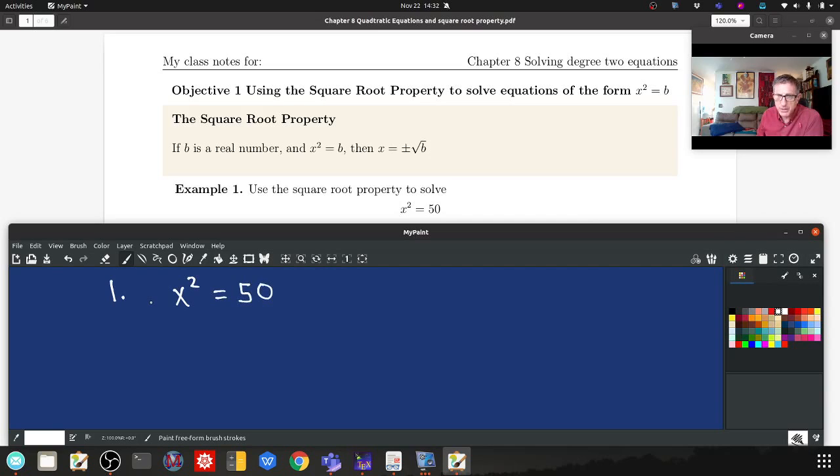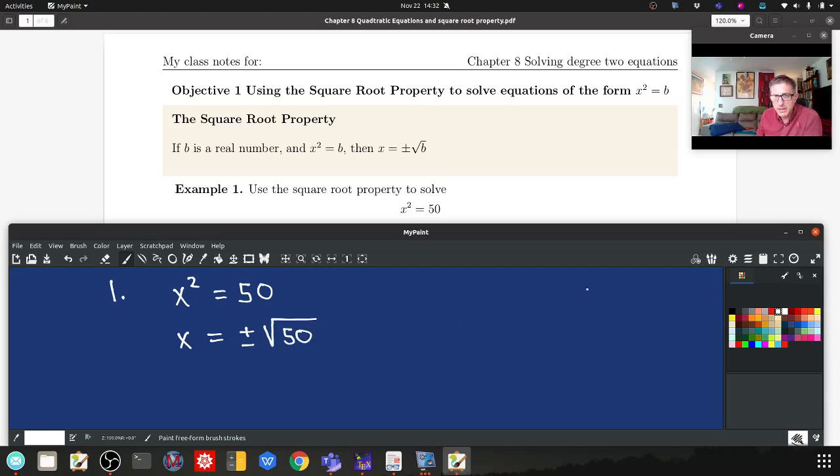So the important thing to know about this particular question is, unless this value here on the right hand side is 0, we're going to have two distinct answers. So just using the square root property directly, that says x is equal to either the positive value or the negative value of the square root of 50.